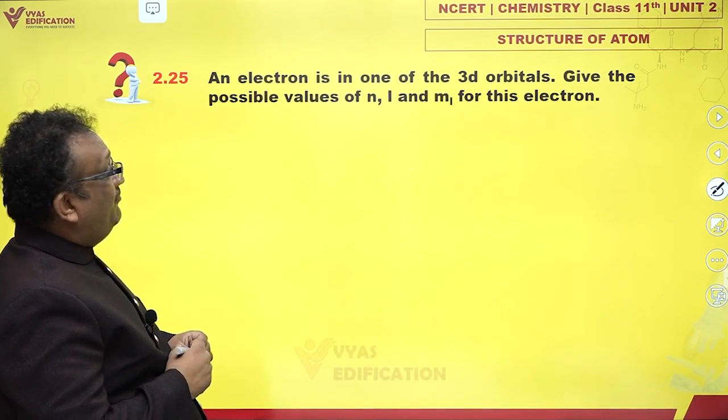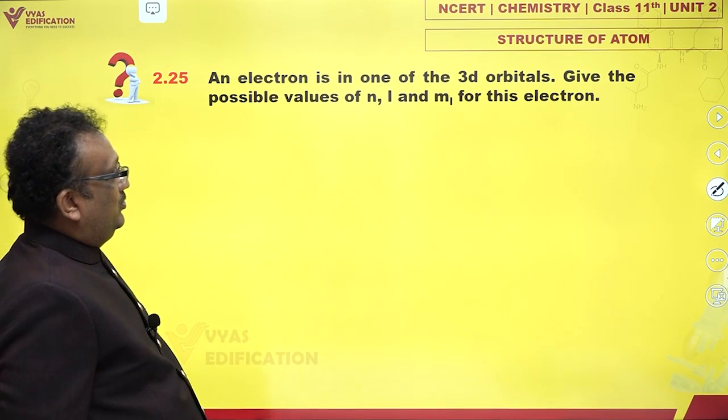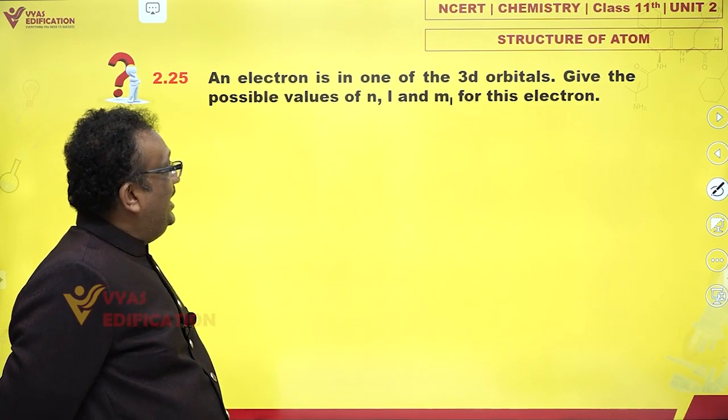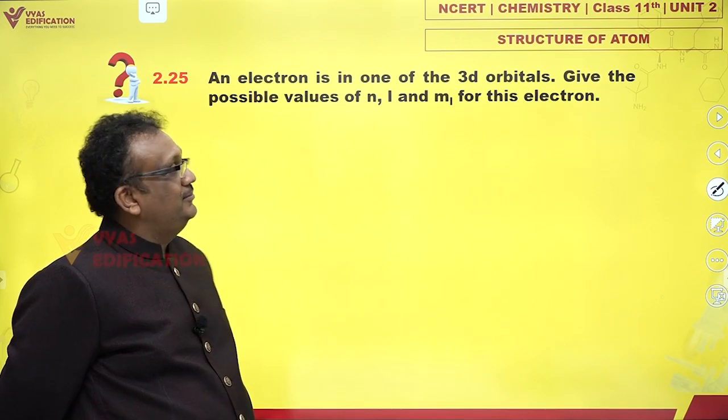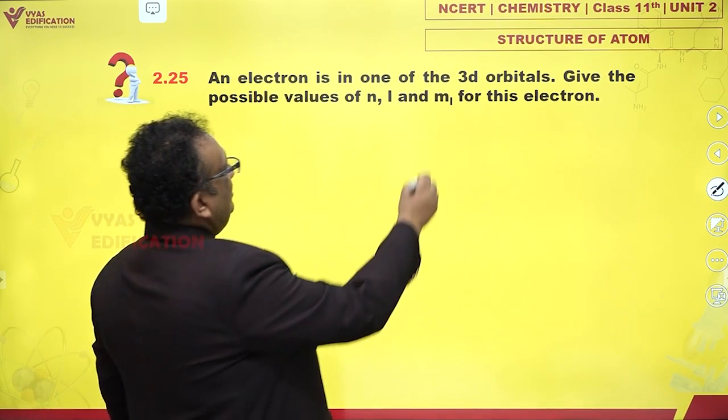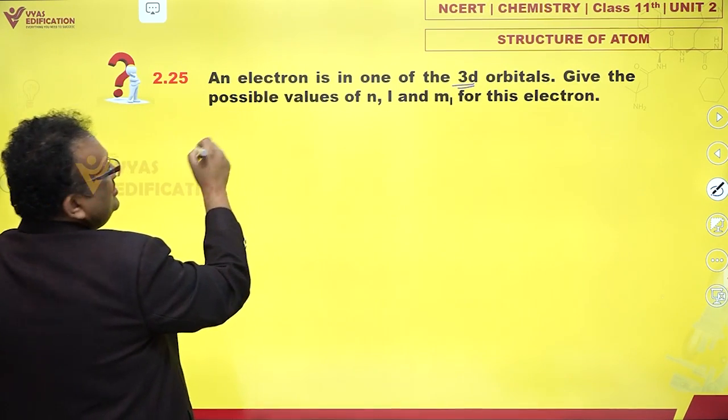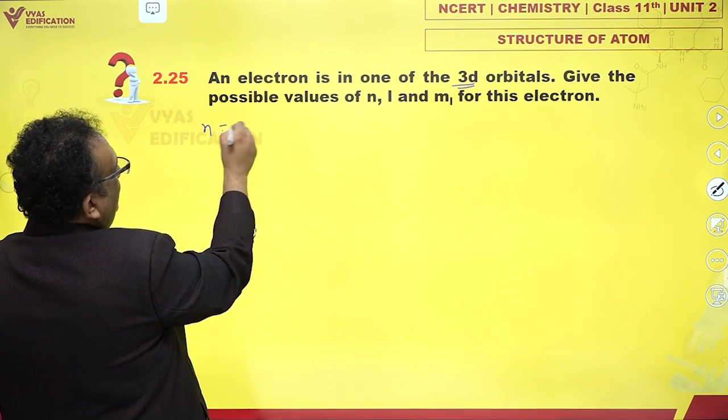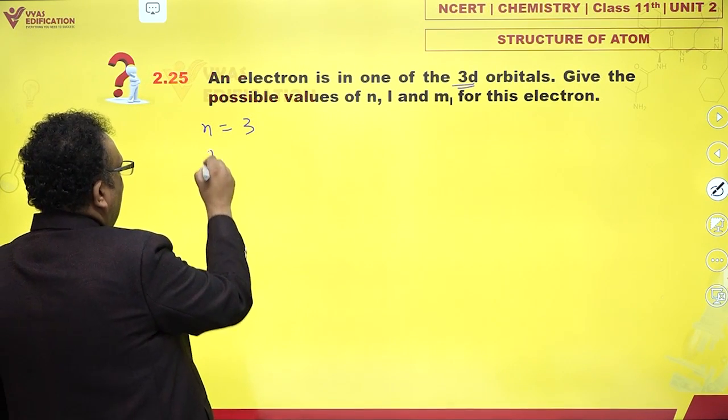An electron is in one of the 3d orbitals. Give the possible values of n, l and ml for this electron. The moment you say 3d, n is fixed. n is 3. D orbitals mean l is equal to 2.